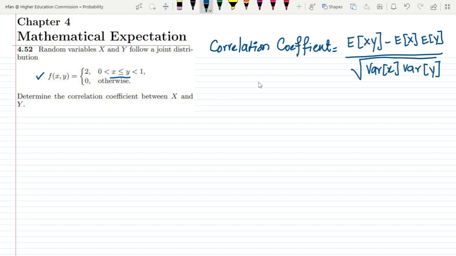This is the formula we have to use here, and we can very clearly see that these terms are unknown. So first of all we have to find out these terms.